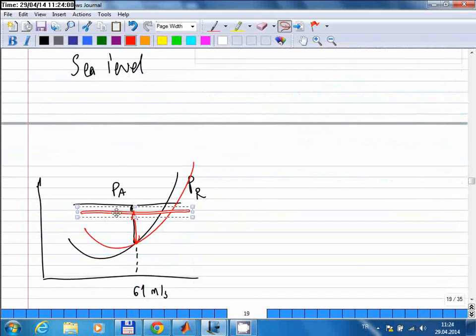Now let me just remove these red ones. So this is PA max, right? And remember this was 52% of PA max.